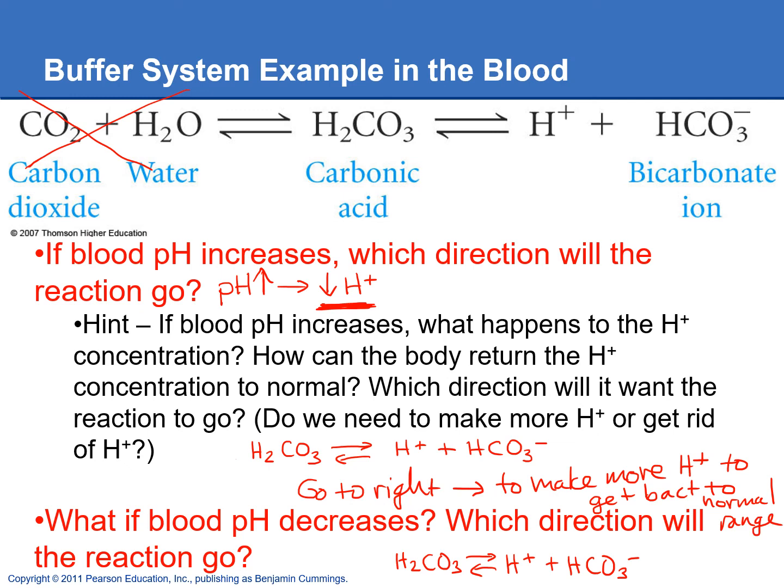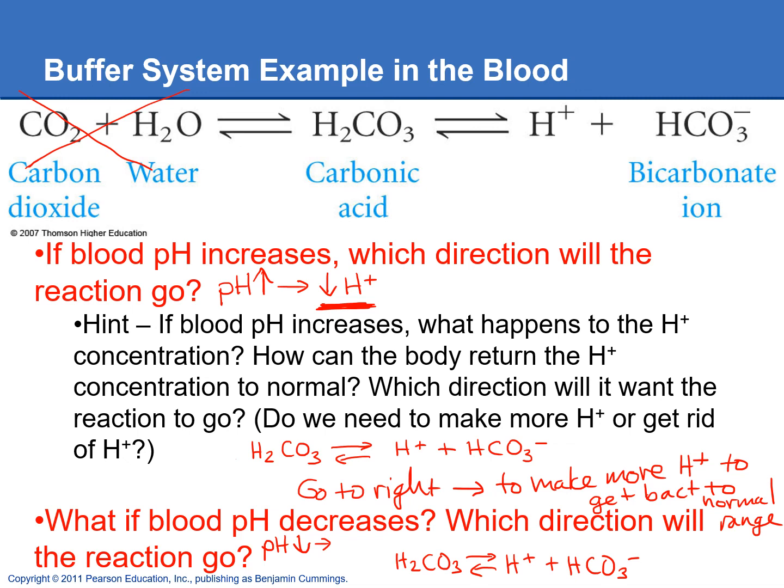All right, let's do one more example. Let's say we've got the opposite problem. Let's say our blood pH decreases, so our pH number is getting smaller. That means we're getting more acidic.